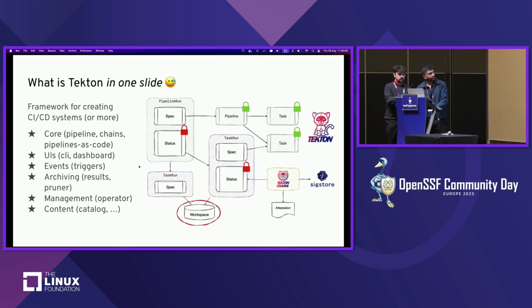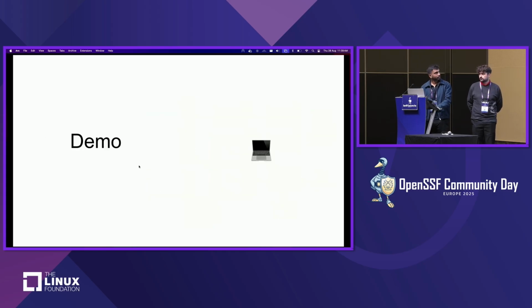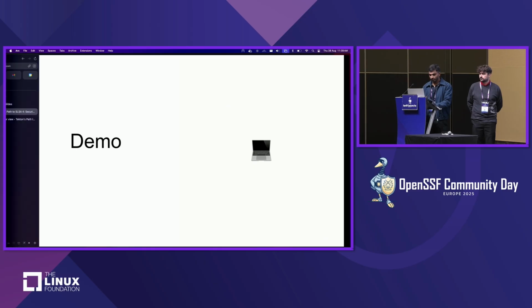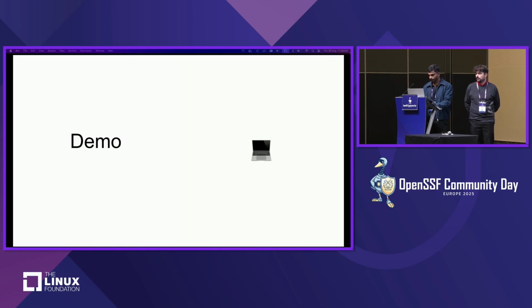What we just saw with the architecture, we'll basically be going through all of it. And what we'll see is how chains actually creates the attestation, signs them, and stores them. First, what we'll do is take a look at our kind cluster and see what all we have installed.